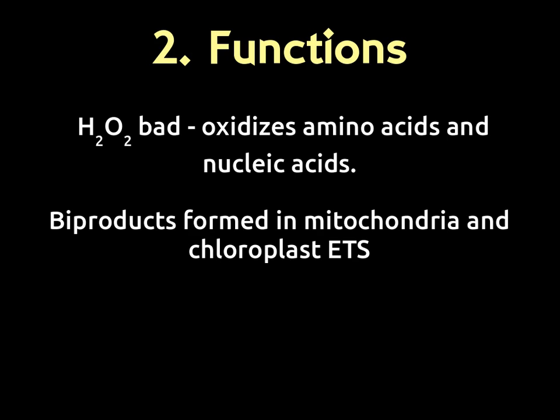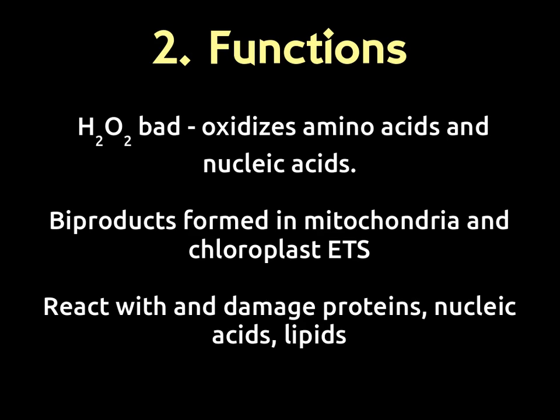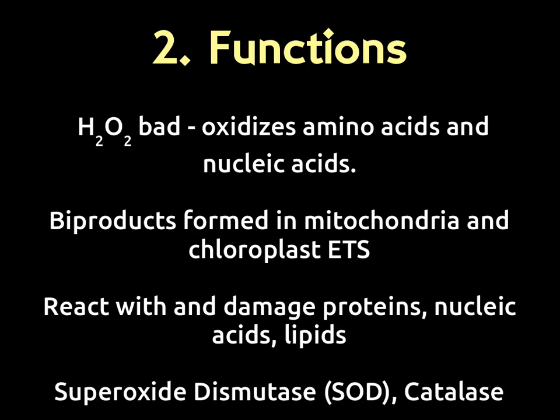Oxygen-free radicals are going to be byproducts of metabolic processes, like in the mitochondria and the chloroplast during electron transport chain processes, where we are creating hydrogen peroxide. Again, we're going to damage basically every organic molecule that you can get your hands on, or they can get their hands on. So there are a couple of different enzymes in there. One that we just talked about, catalase, and also superoxide dismutase. These are good.